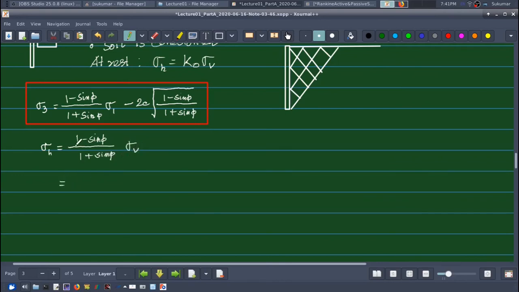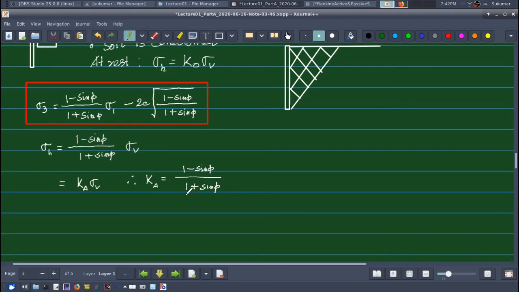That means this is the value of my coefficient of active earth pressure, or I write Ka times sigma v. Therefore my active earth pressure coefficient Ka is simply (1 minus sine phi) by (1 plus sine phi).